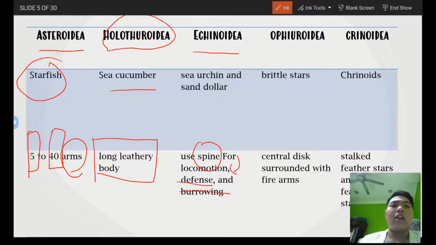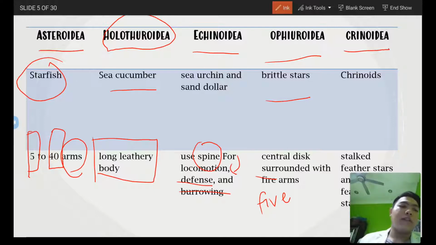Next is Ophiuroidea. The common example of Ophiuroidea is the brittle stars. Ophiuroidea have a central disc surrounded by 5 arms. Okay, they have a central disc surrounded by 5 arms. Next is Crinoidea.